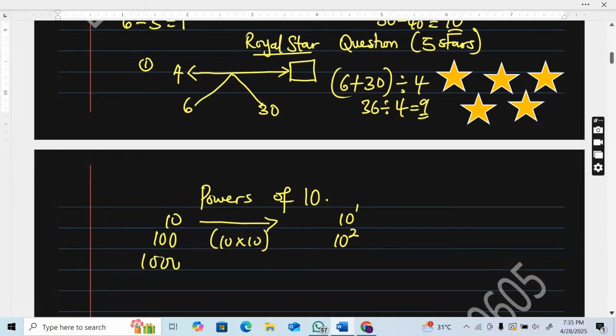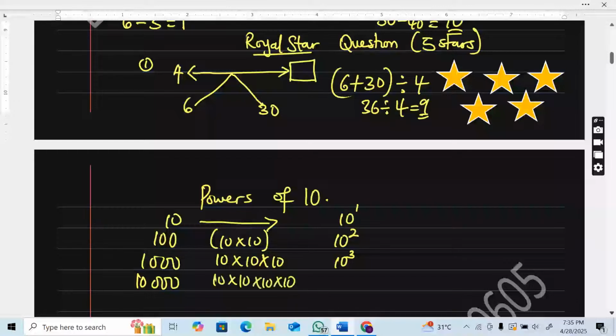Now, when it comes to 1000, it means multiplying 10 by itself 3 times, and that is 10 raised to power 3 because 1000 has three zeros. Now, what about 10,000? 10,000 is 10 times 10 times 10 times 10, which is 10 raised to power 4. 10,000 has four zeros.